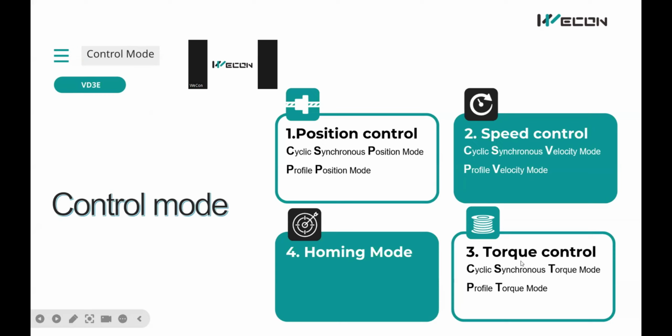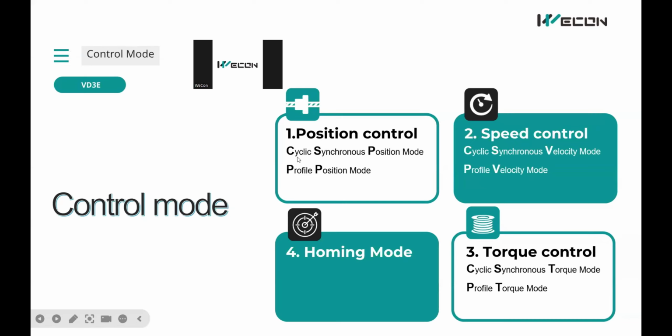For torque, we have CST mode and PT mode, and also we have HM mode. HM means homing mode. So here, let's look at the difference between cycle sync position and profile position, these 2.